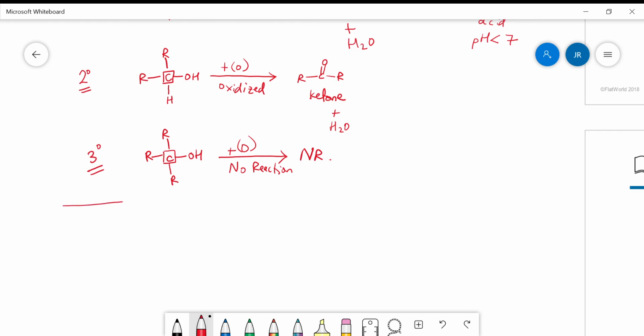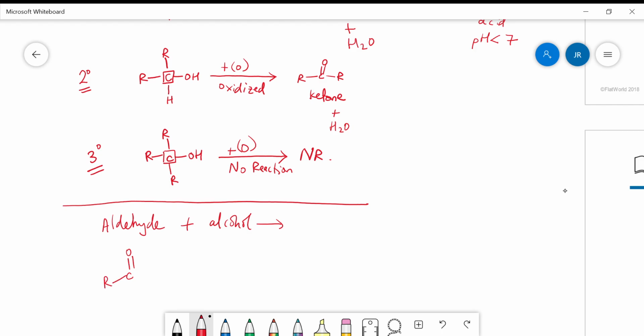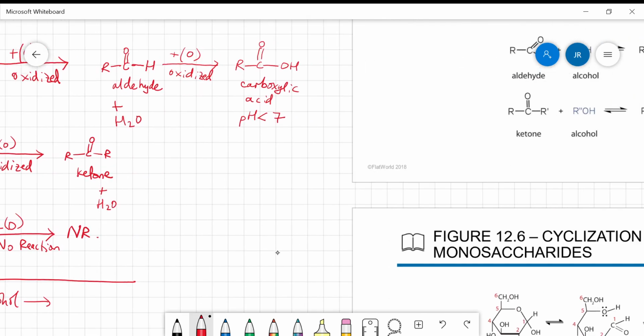So, aldehyde plus alcohol. Well, let's see. We've got our aldehyde. We've got our alcohol. It really depends what they want to show you.